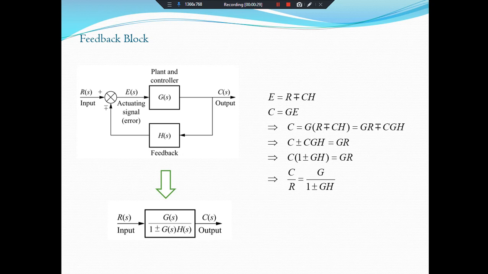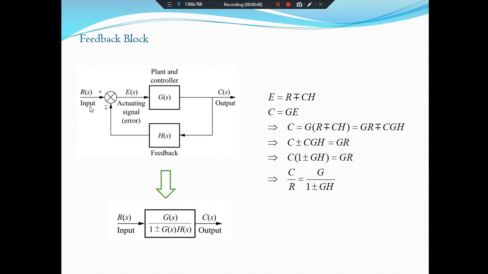We studied in the last recording how to reduce series and parallel subsystems. Now we will check the case where we have a subsystem with a feedback block.